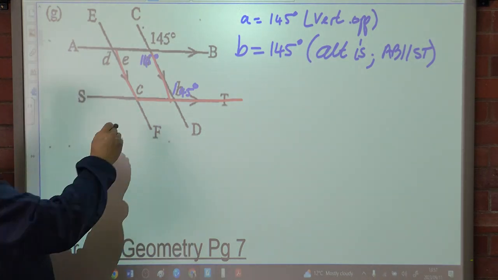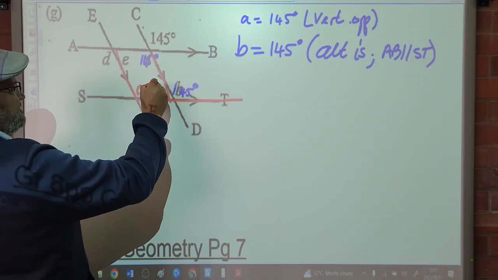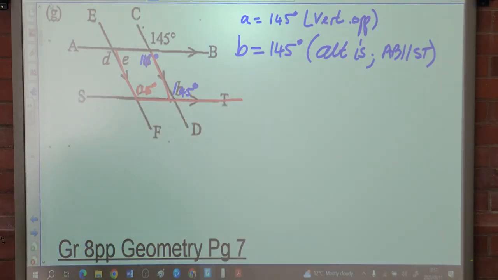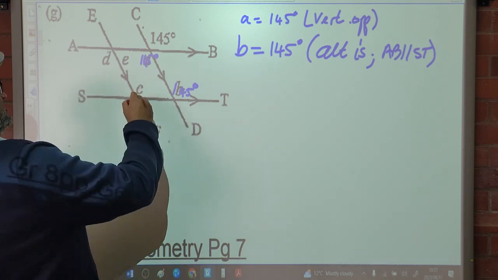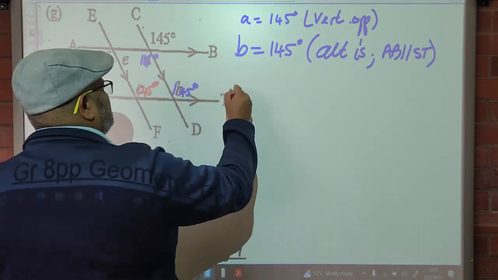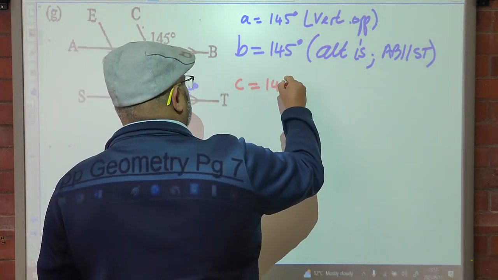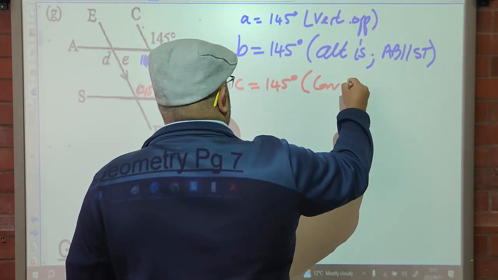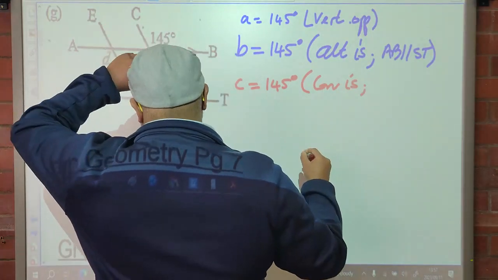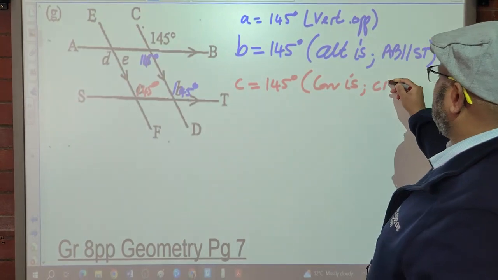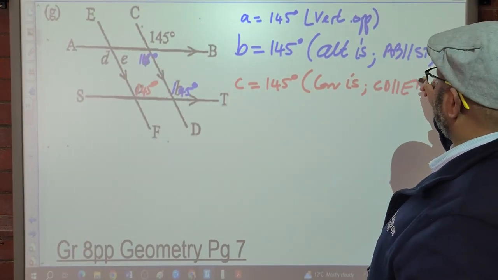So that is also 145. Corresponding angles. You see it's 145. Corresponding angles with CD being parallel to EF.